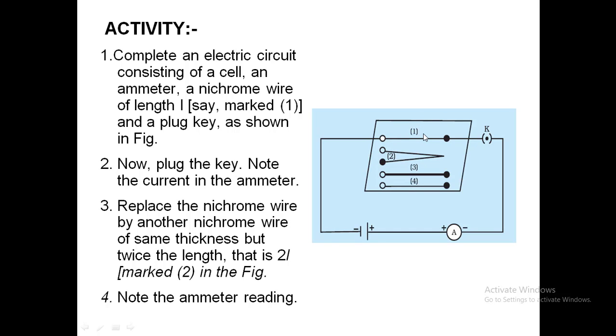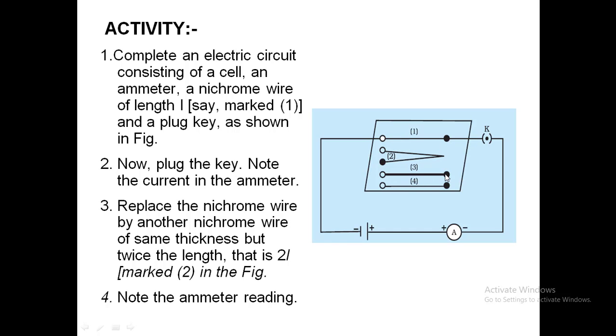Number 1 is a nichrome wire of length L, area of cross section A and resistance R. The second wire is also made up of nichrome, with a similar area of cross section to wire 1 but twice the length. That is, the length of the second wire is twice the length of the first one.